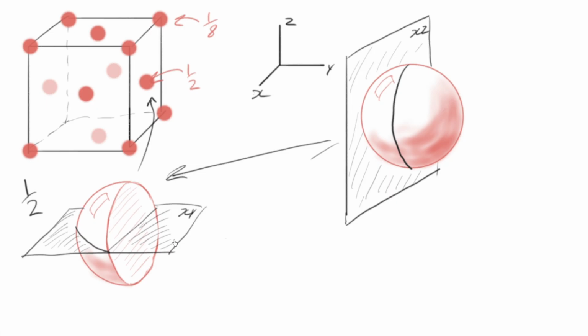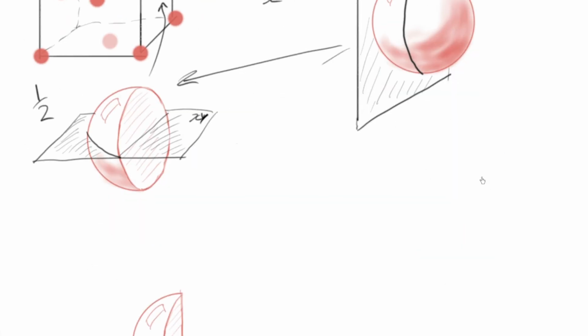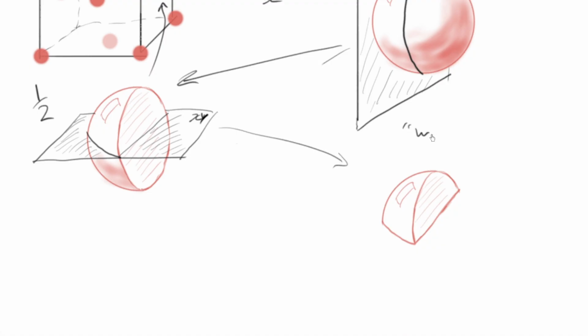So we're slicing it just like that along the XY plane. Then what do we have? Well, now we should have, oops, sorry, this is what I meant to show you. There we go. You should have this now, which you might call a wedge. Okay, a wedge, and that is 1/4 of a sphere.